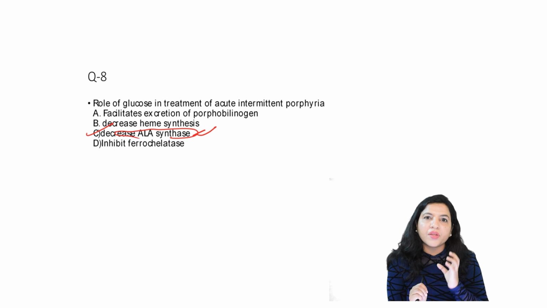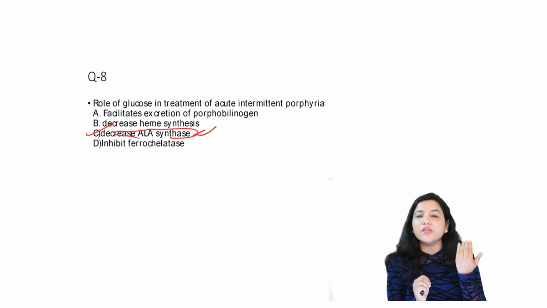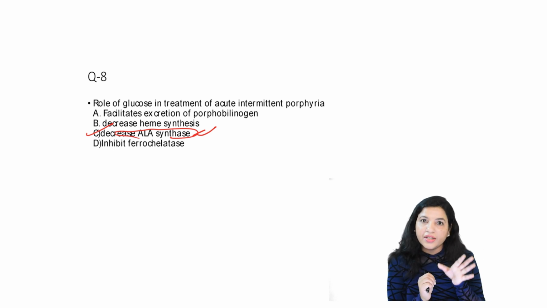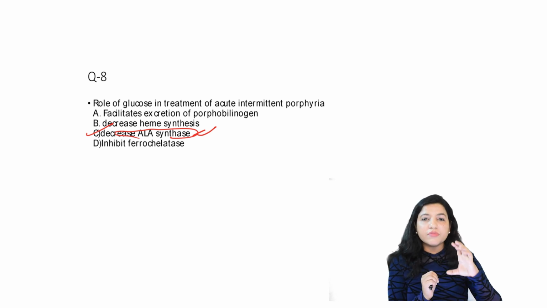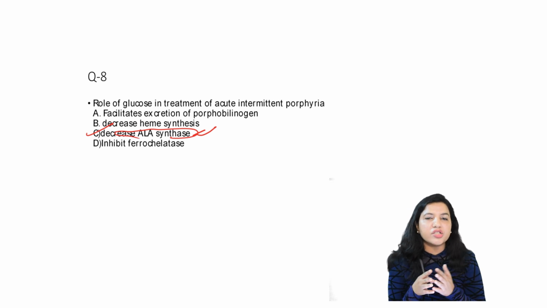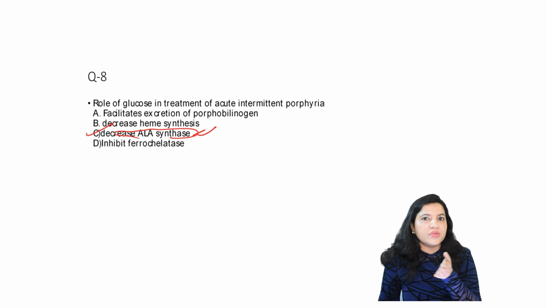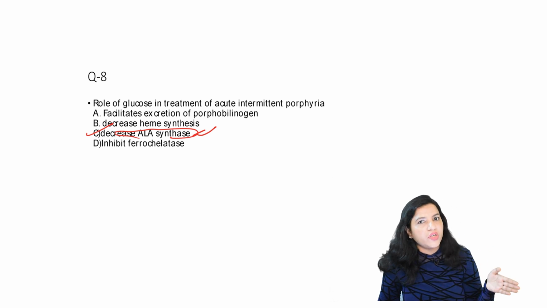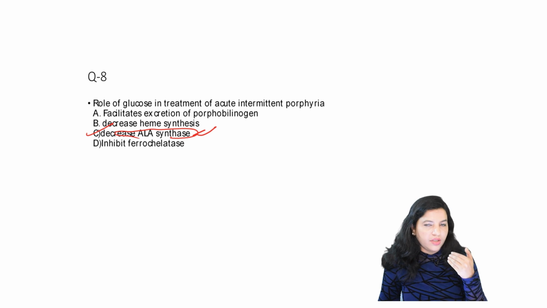And there is one more thing that you have to learn: if a porphyria patient is starving, then the symptoms will suddenly appear. Why? Because this inhibition on ALA synthase is lost, which means there is accumulation of the intermediates of heme synthesis, the porphyrin precursors.